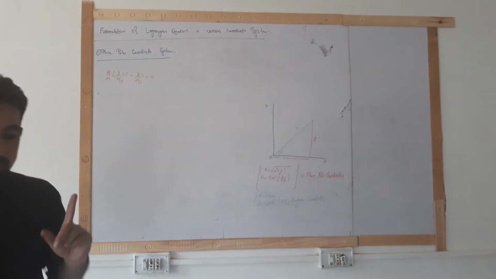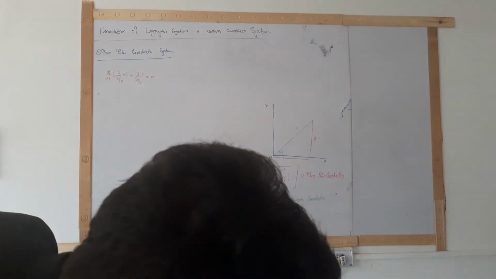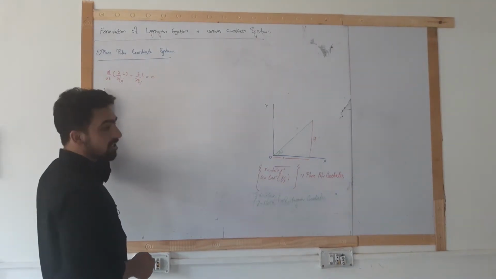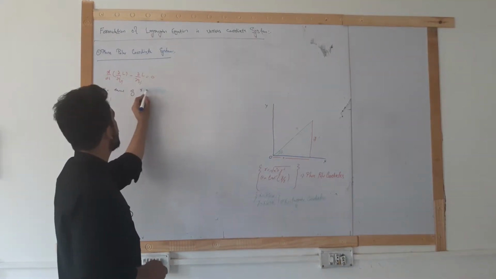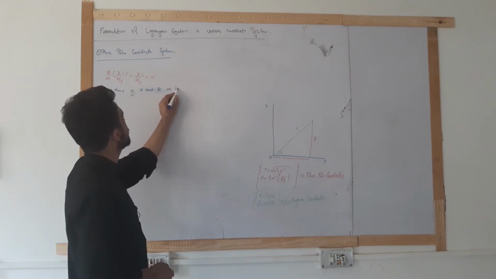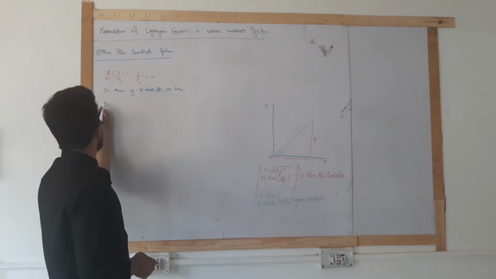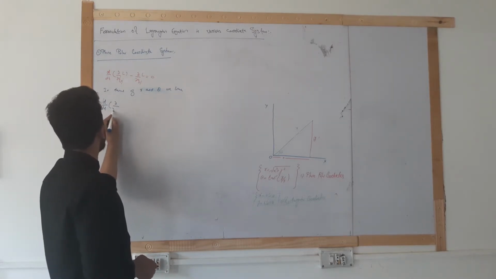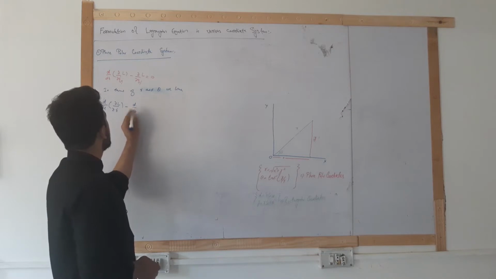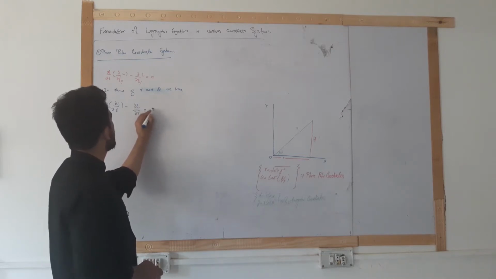We have 2 degrees of freedom in the plane polar coordinate system, that is r and theta, so the Lagrangian equation will become, for r, d by dt of partial L by partial r dot minus partial L by partial r is equal to 0.